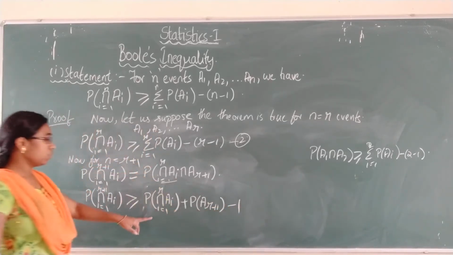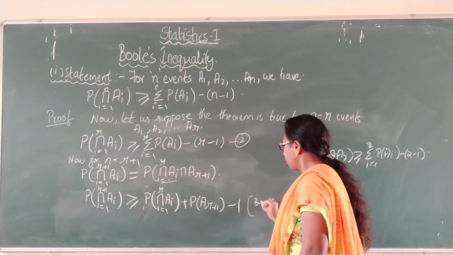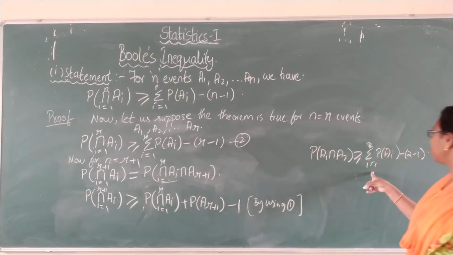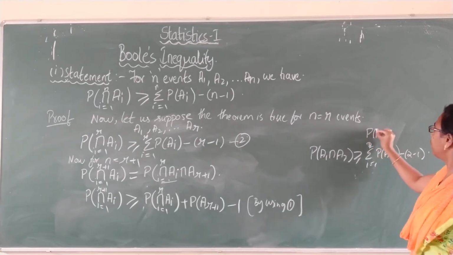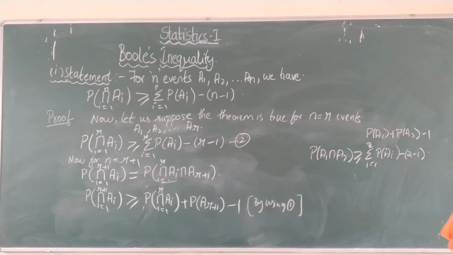Now this one is by using equation 1. Here we have written the combined summation. If you write P of A1 plus P of A2 minus 1, before this we have this equation.